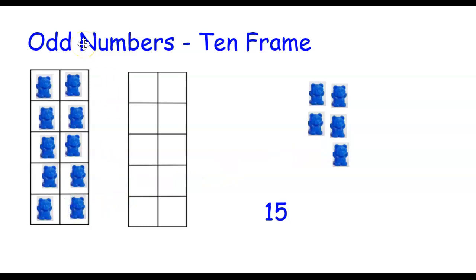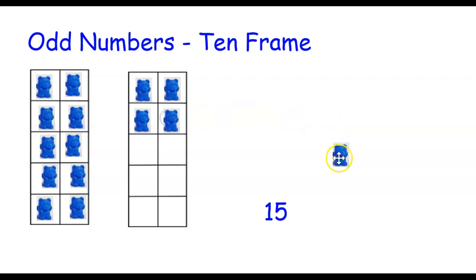There are 10 in there. 10 we know is an even number, but we have some more bears to go here. Uh-oh, this bear does not have a partner. So 15 is an odd number. So that's how you can tell whether a number is even or odd using a 10 frame.